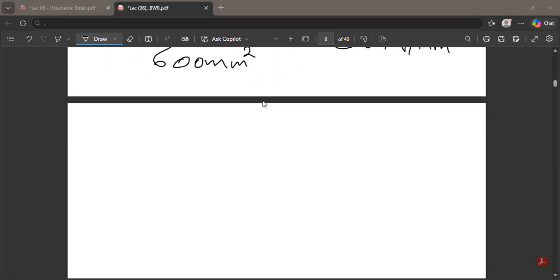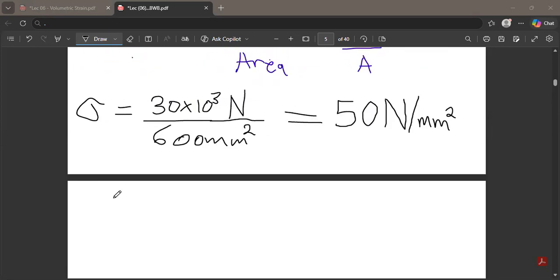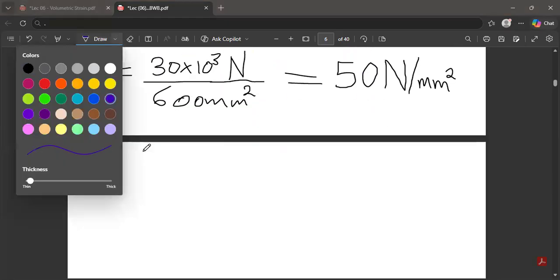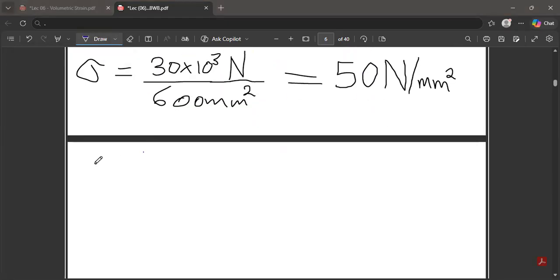Okay, so from here we can say that our longitudinal strain, let me write it this way. Our longitudinal strain now we can say it is equal to what? Stress over elasticity.